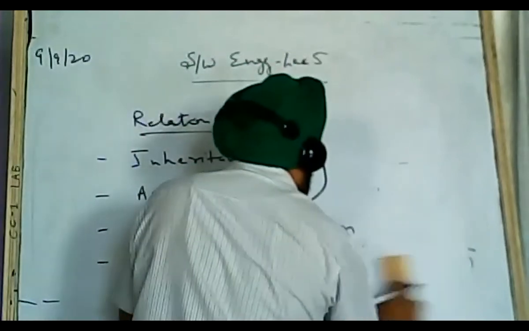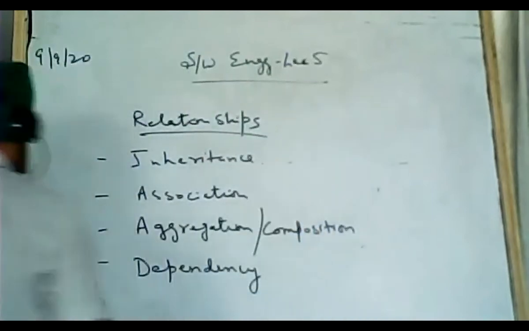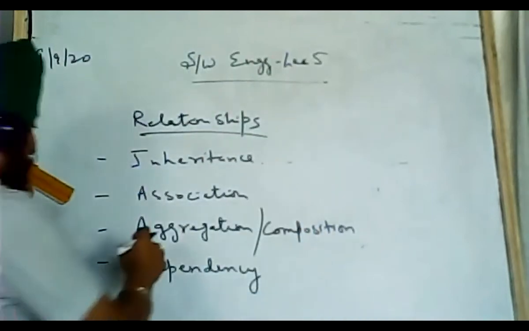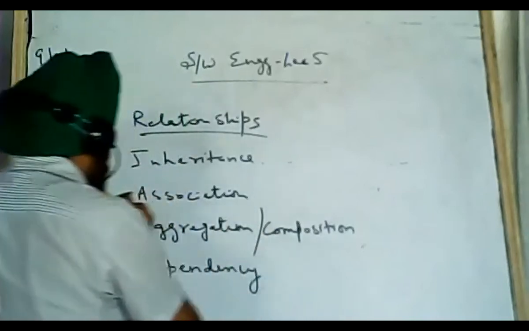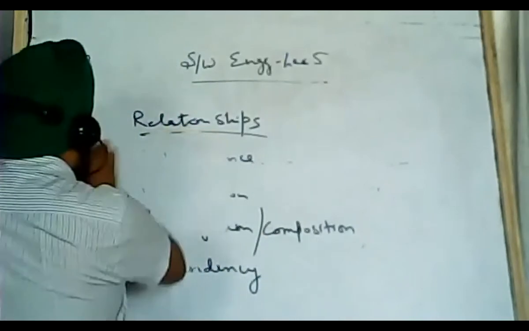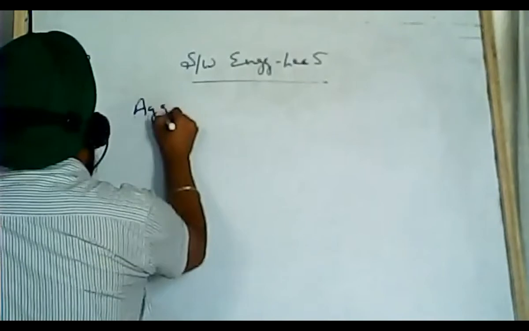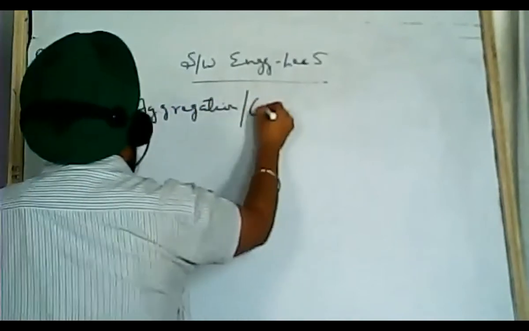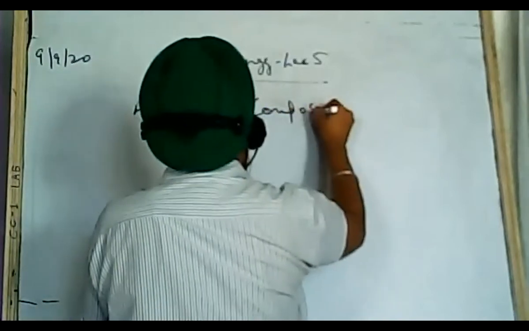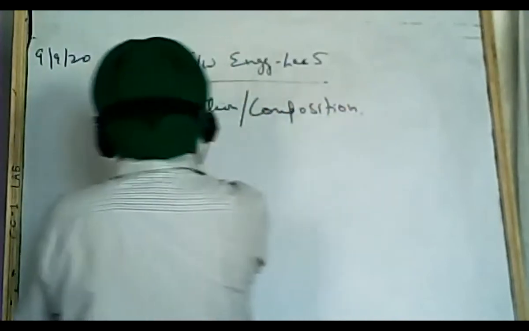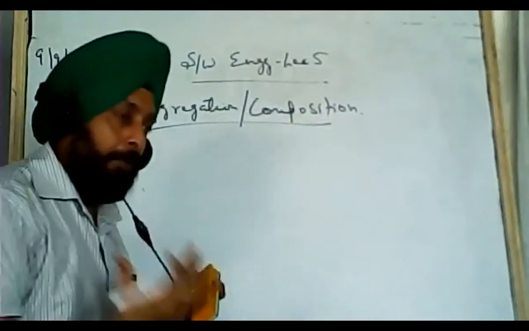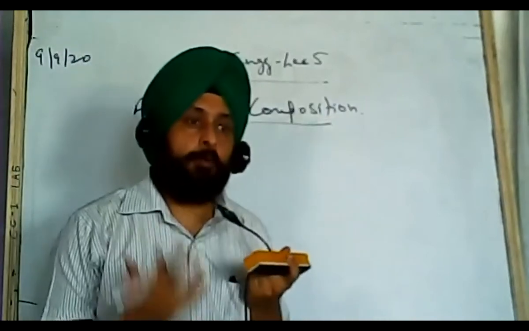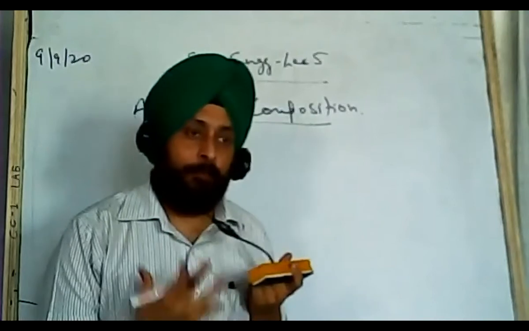Then there is another relationship between the different instances of classes, which is known as aggregation and composition. Just listen to what aggregation and composition are. I will show you with an example. Aggregation exhibits a new type of relationship between the objects or instances of two classes.